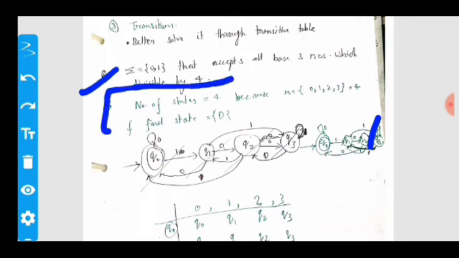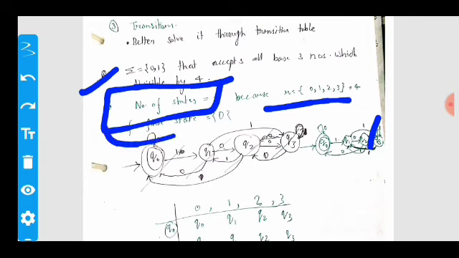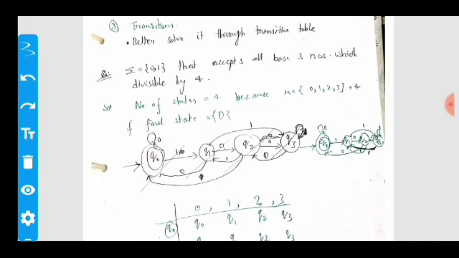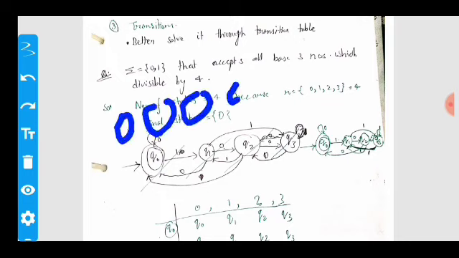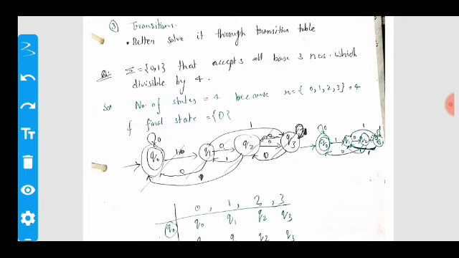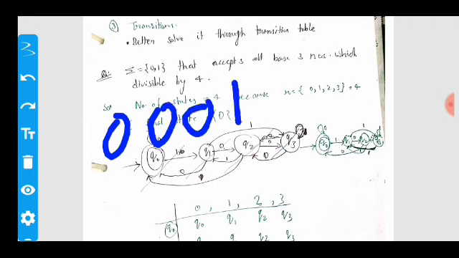So here the number of states is equal to 4 because the remainders are 0, 1, 2, 3, and your final state is 0 because it is your initial state, which is divisible by 4. Hence when we give the zeros 0, 0, 0, it goes to the initial state 0, and when we give 0, 0, 0, 1, it goes to the Q1 state.